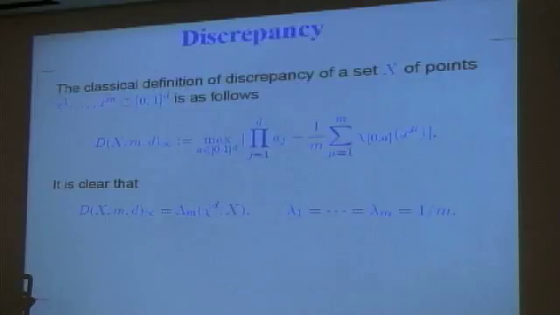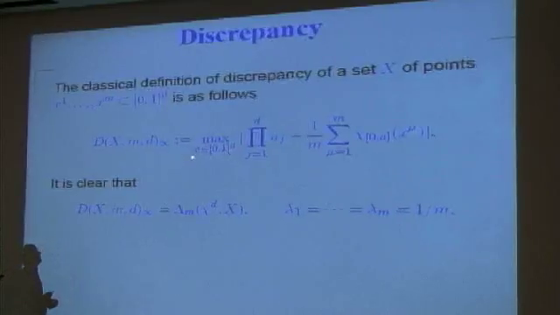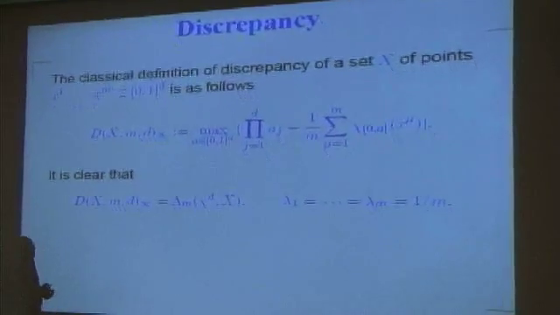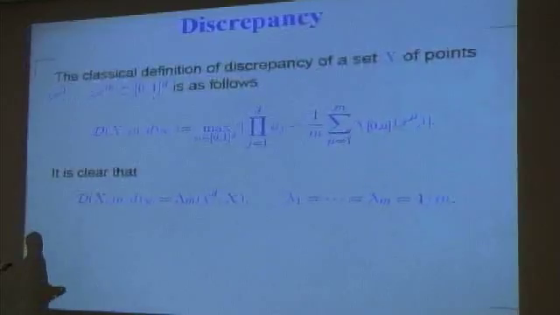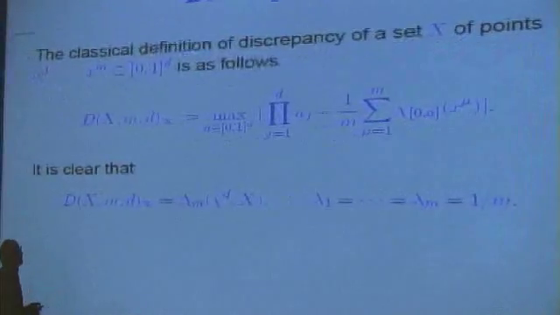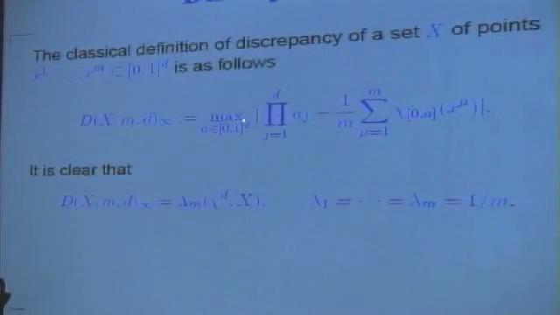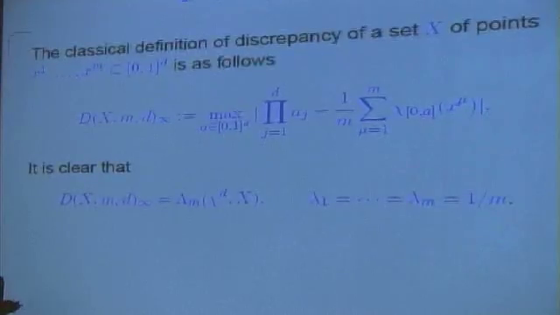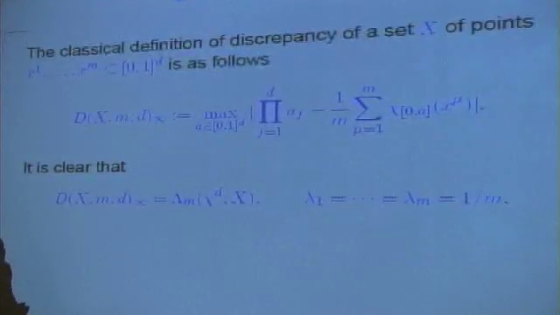And now it is clear that if you consider the class of those characteristic functions, this is the same as to say that we consider this A, because A is a parameterization of the corresponding characteristic function. So this is a one-to-one correspondence. And this means that when we are taking this maximum, we can say that we are taking the supremum over that class.